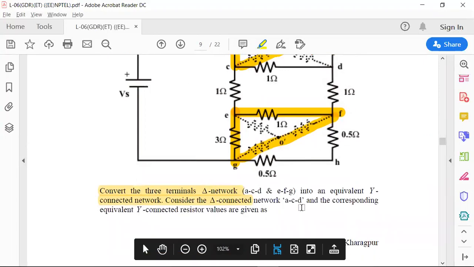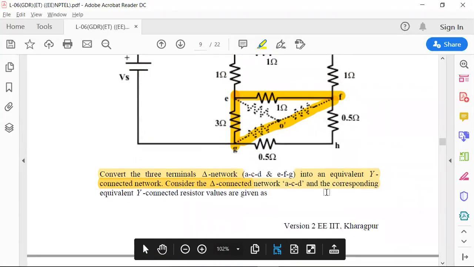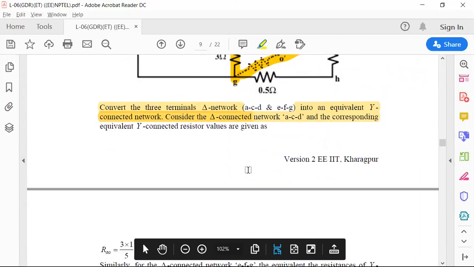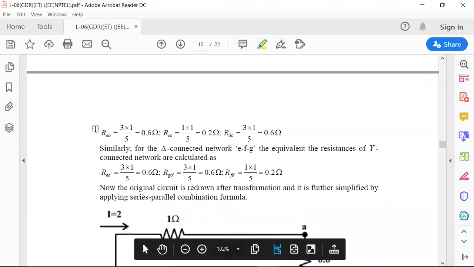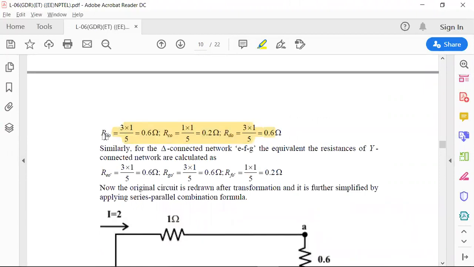So theoretically, he wrote clearly: consider the delta network ACD and the corresponding equivalent delta-star resistor values. Here you need to mention RAO, or instead of RAO, you can write directly RA.